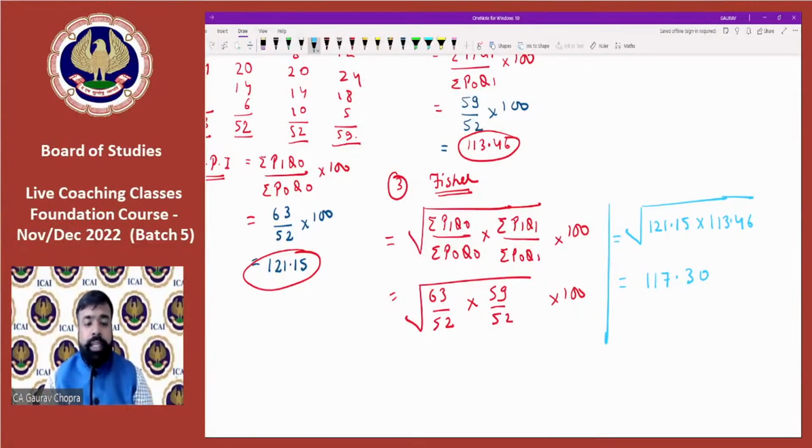This was the weighted aggregative method. So now let us solve some more.